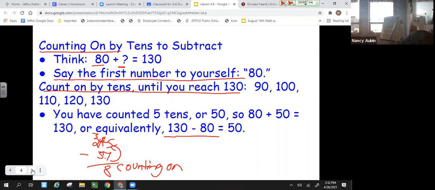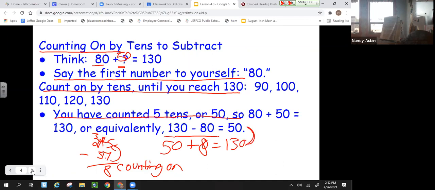How many tens is that? You have counted 5 tens or 50. So you know 80 plus 50 equals 130, or equivalently, 130 minus 80 equals 50. Remember we talked about inverse operation in fact families?